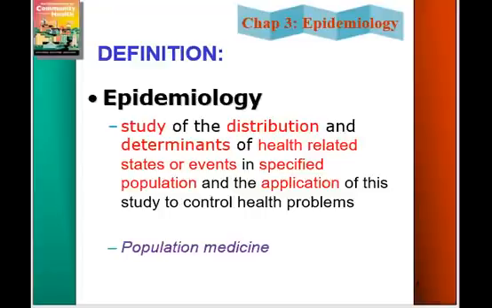Epi means on or upon, and demos means people. If we combine the meaning of those two Greek words, it simply means a study on what befalls upon a population. Okay? So, epidemiology also is said to be a population medicine.